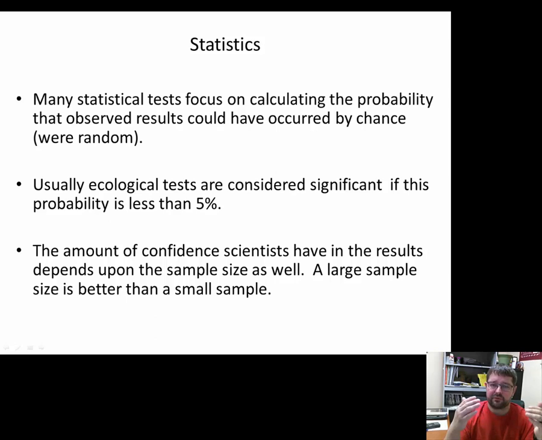Again, if you flip it 10 times and you get 7 heads and 3 tails, you might look at that and say, wow, that's not a fair coin. But if you flip it 50 times and you get 27 and 23, then you're like, yeah, it's pretty fair. That's pretty close, a lot closer than 7 and 3.